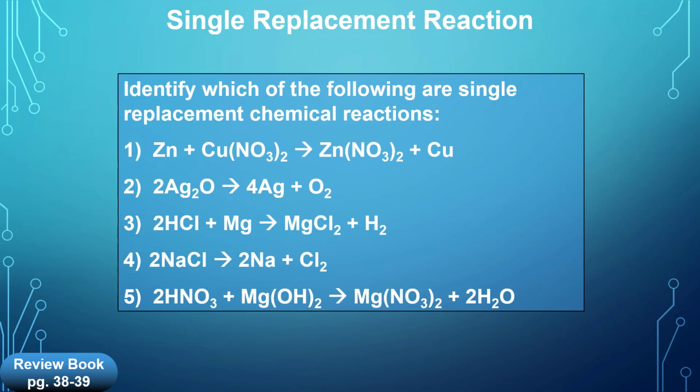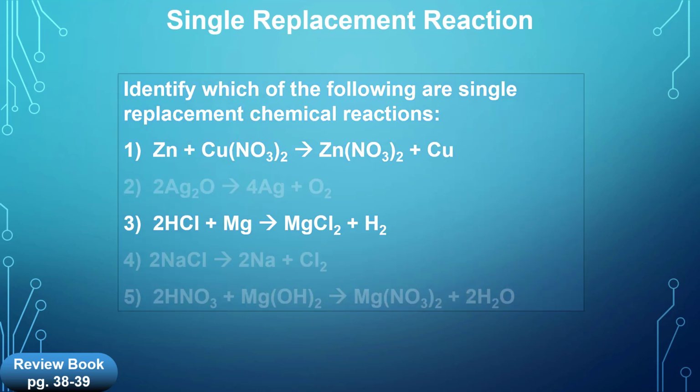All right, so which one of these is a single replacement reaction? You're looking for an element that has been kicked out of a compound and is now by itself, and the one that was by itself is now inside the compound. So pause and figure this out. If you said 1 and 3, you'd be correct.